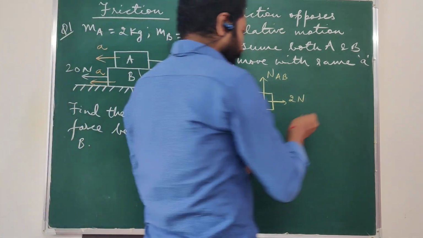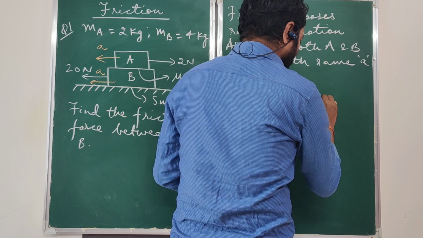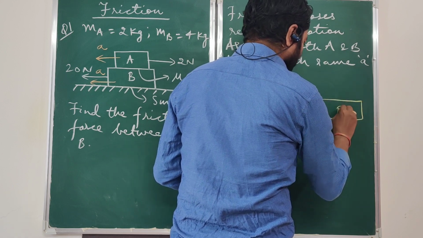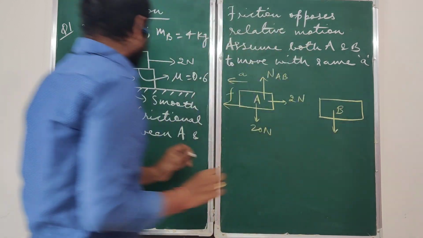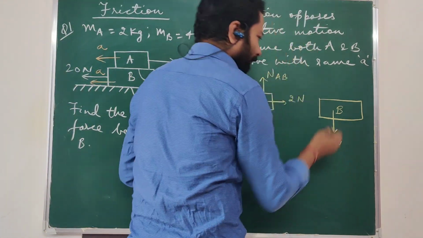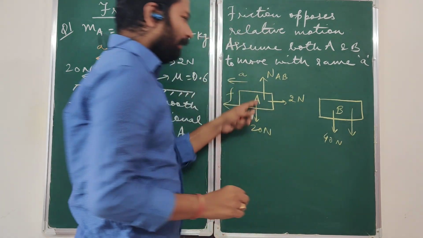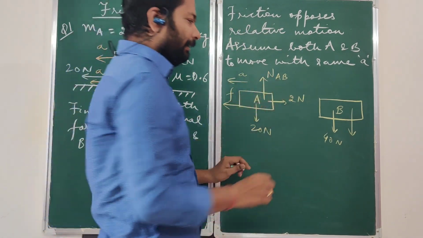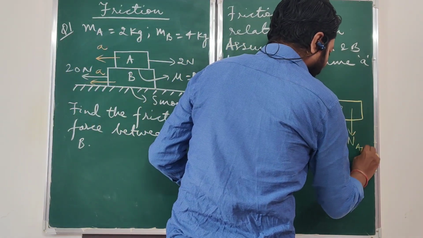What about block B? So block B weight is 4 kg. So downward force is 40 Newton. By Newton's third law, same normal reaction will act from A, that will be NAB.